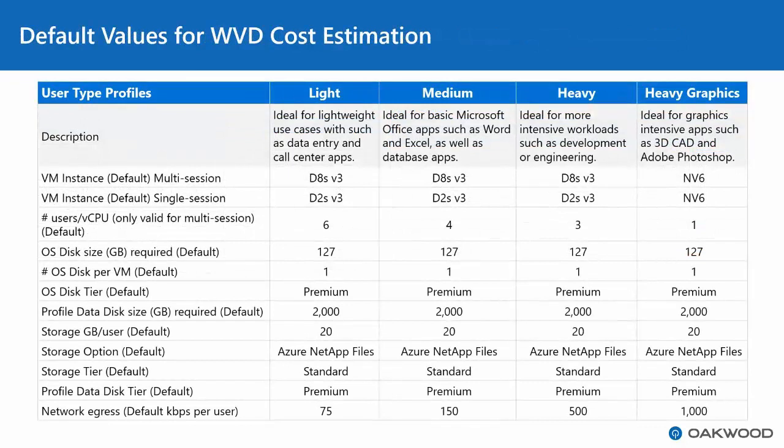All right, so just a little bit on types of users. Most of you will be familiar with power users, IT users. You've got your typical business users. So Microsoft breaks them up into these categories: light, medium, heavy, and heavy graphics. Sometimes heavy is swapped out for power user.